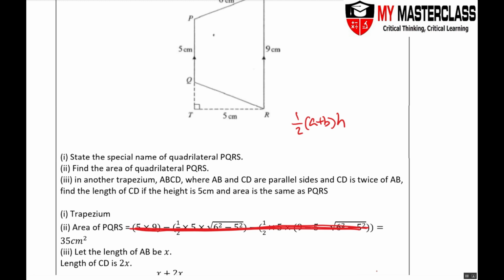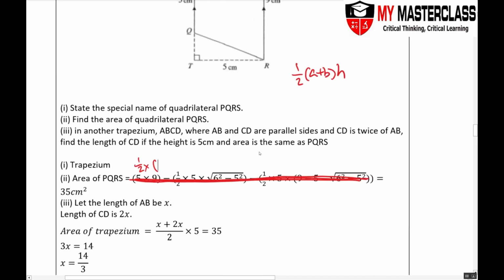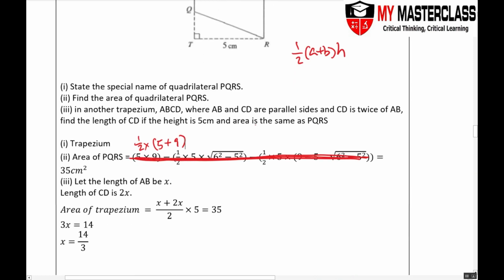Half times, what are the parallel sides that you are working with? 5 and 9. So half times 5 plus 9 times the perpendicular height, which is shown to you here. This is the perpendicular height of 5 cm, your TR, times 5. Key this into the calculator, you will end up with 35 cm squared.